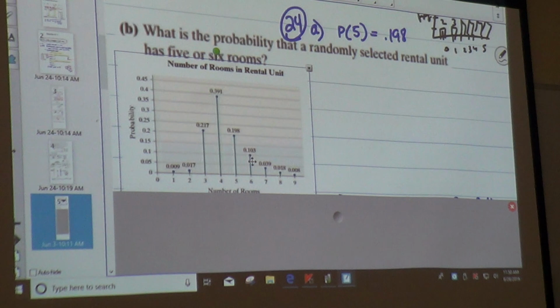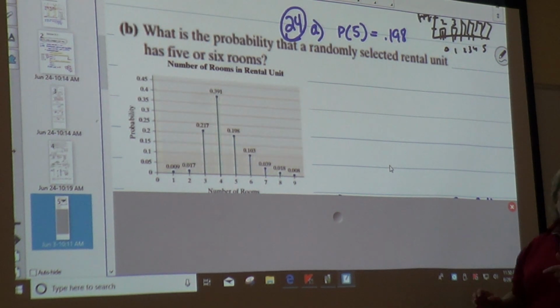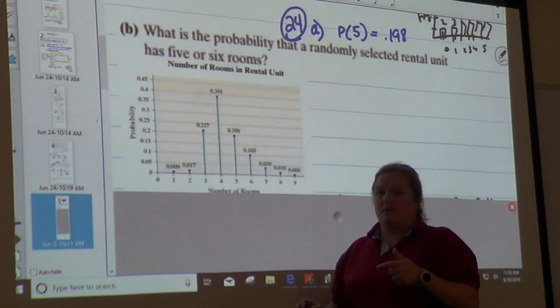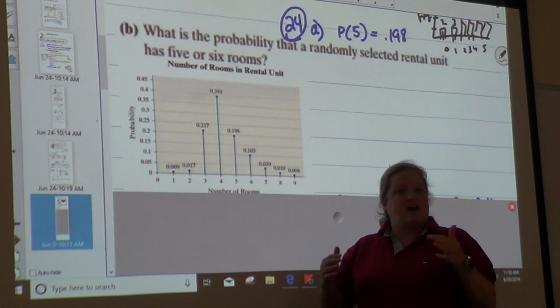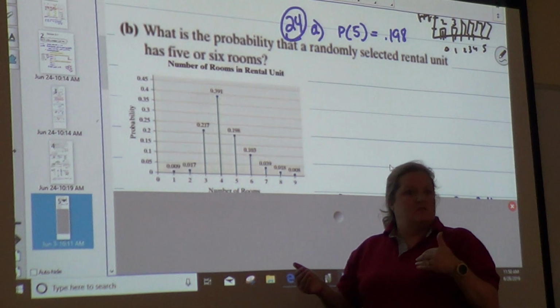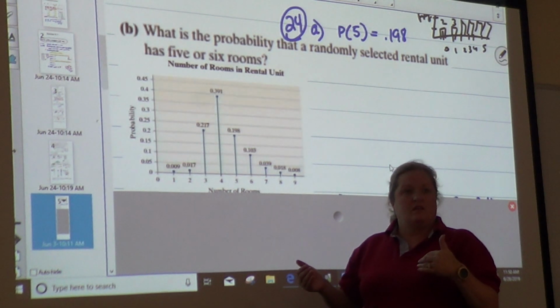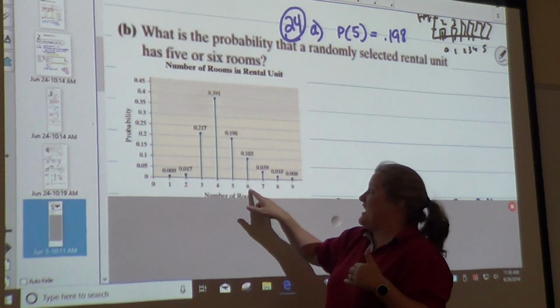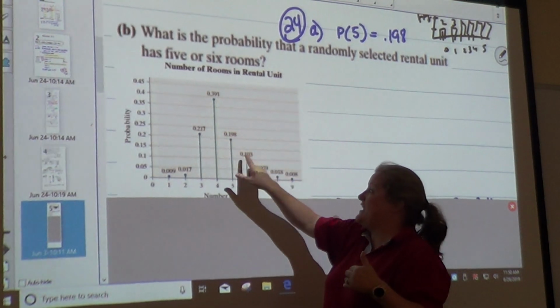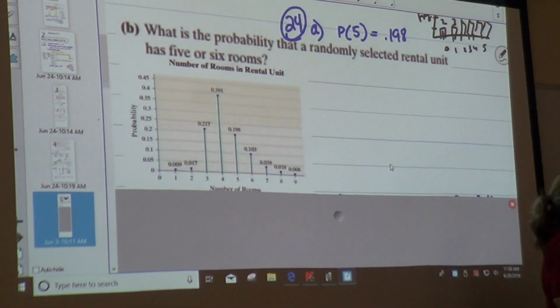Okay, what is the probability that you are renting 5 or 6 rooms? I know you may or may not be able to see the numbers, but how are we going to get 5 or 6 rooms? What are we going to look at? Add up the 5 and the 6. This is 0.198, this is 0.103.